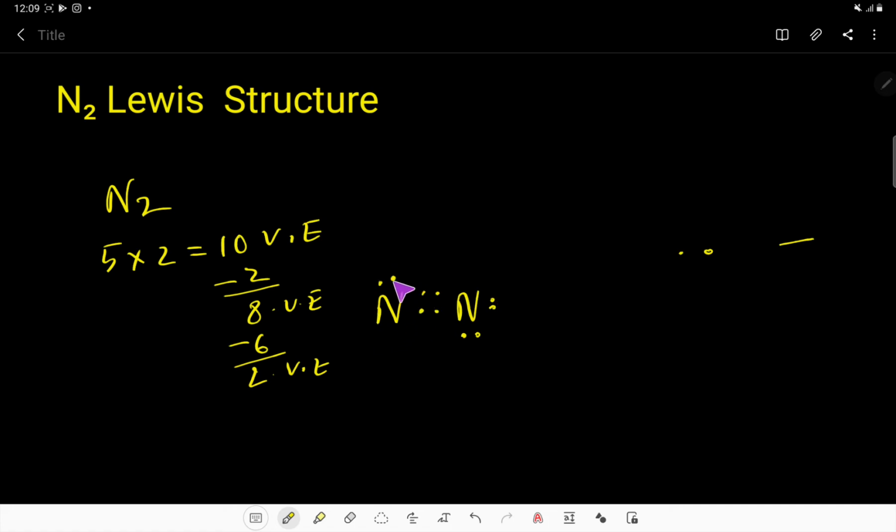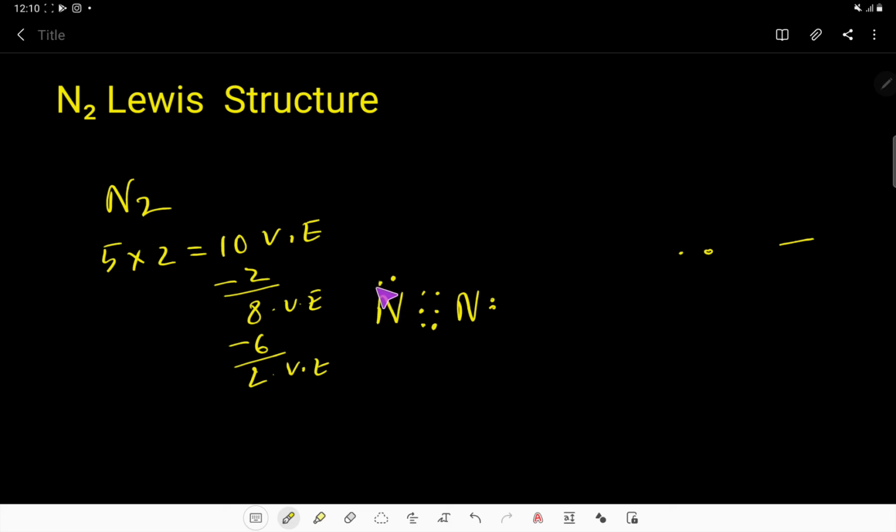So to make the octet for this nitrogen atom, we'll take electrons from this nitrogen atom. So look, now this nitrogen atom has 2, 4, 6, 8, and this nitrogen has 2, 4, 6, 8.